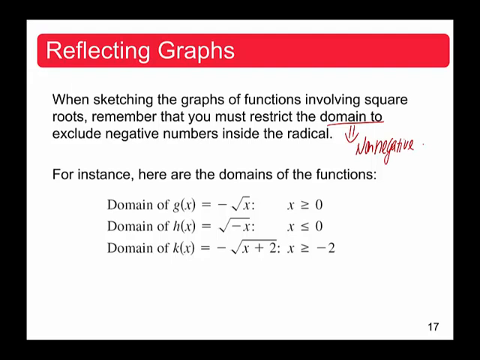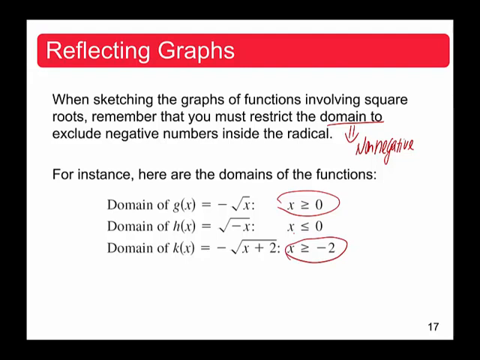So here for domains, for example, if you get negative radical x, then the domain must be x greater than or equal to 0. If it's radical of negative x, then the domain must be x less than or equal to 0, right? And if k of x is negative radical of x plus 2, then the domain must be x greater than or equal to negative 2.